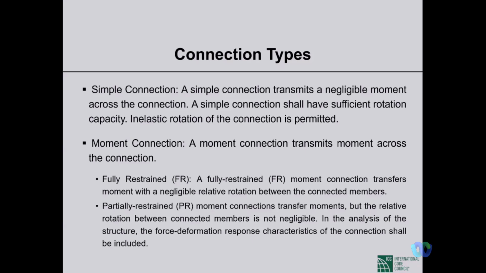So the connection itself goes under some rotation, and at the same time, it also transfers some amount of moment. In this case, we have to ensure that they have the rigidity for the amount of moment they are supposed to transfer, and the relative rotational capacity should also be ensured.